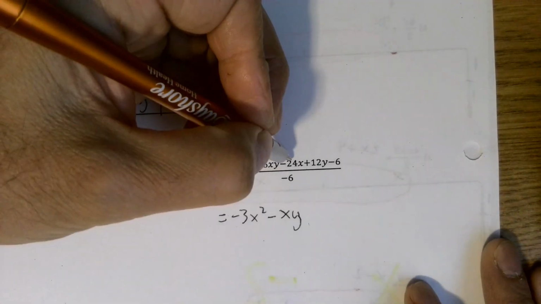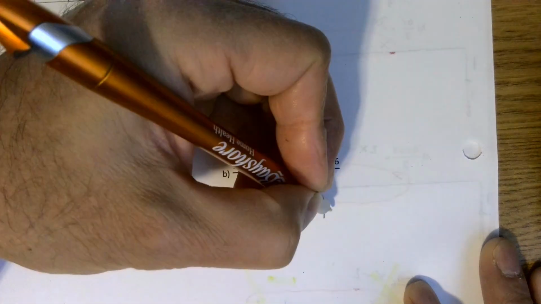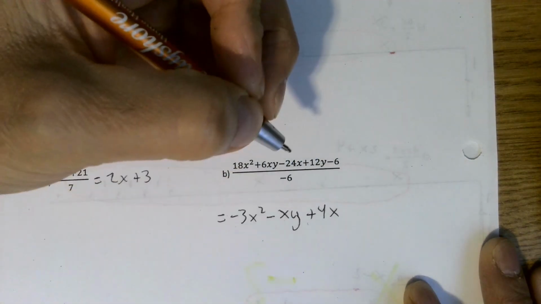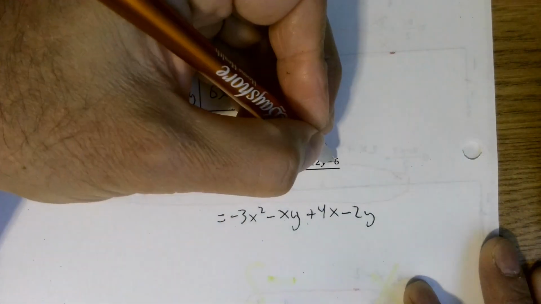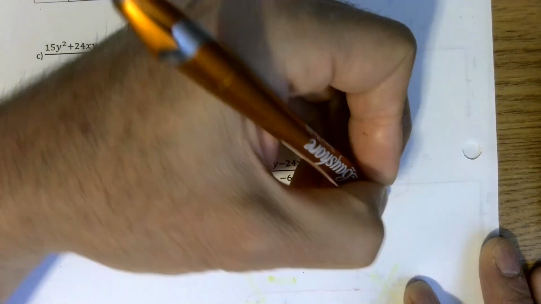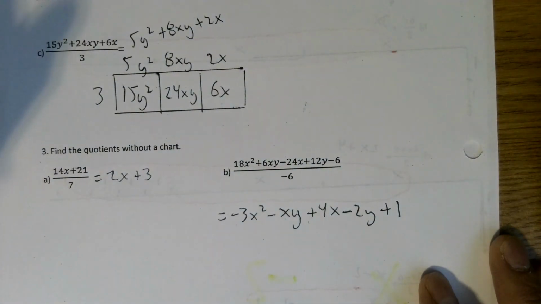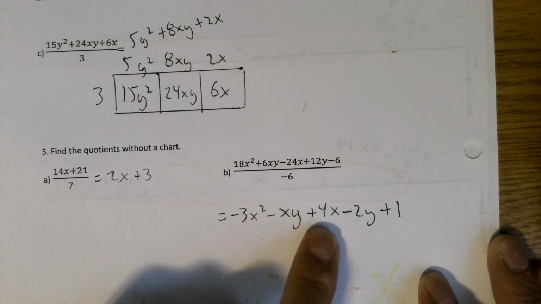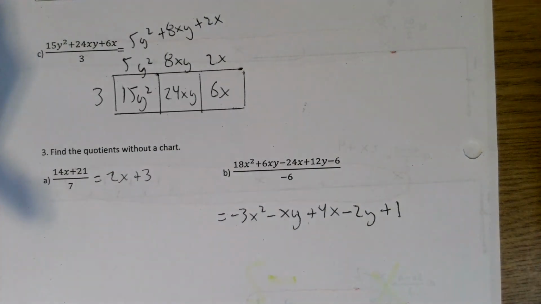Negative 24x divided by negative 6 is going to be positive 4x. 12y divided by negative 6 is going to be negative 2y. And negative 6 divided by negative 6 is going to be positive 1. Double check the order. Degree 2, degree 2, degree 1, degree 1, degree 0. Good. So those are in decreasing order of degree.